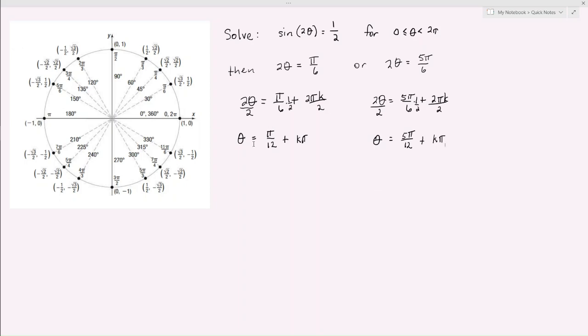Okay, and if we go through a sequence here where we allow k to equal, say, -1, and then we take pi over 12 minus pi, the result of that would be -11 pi over 12.